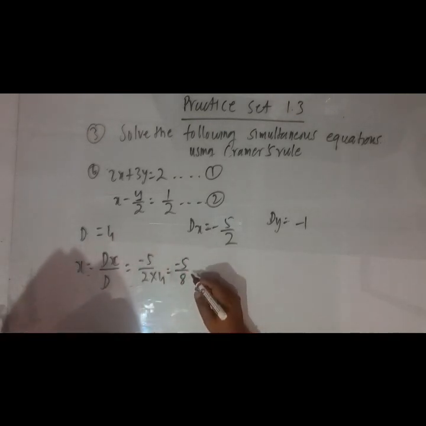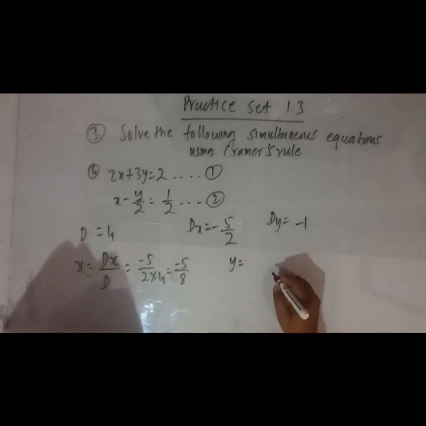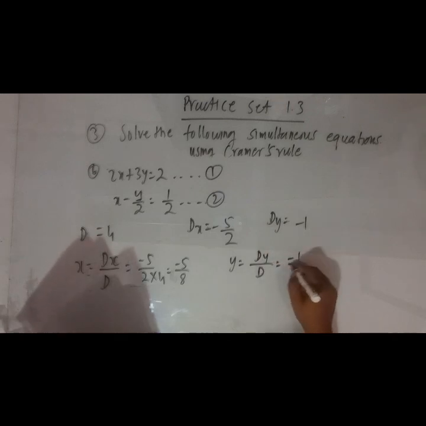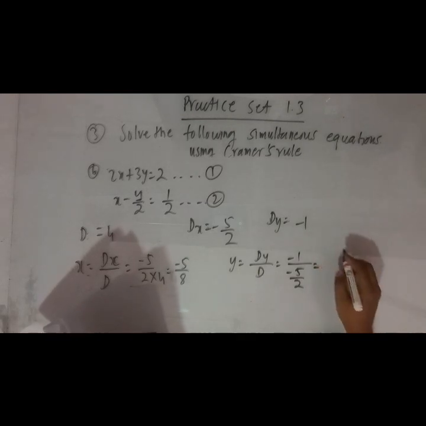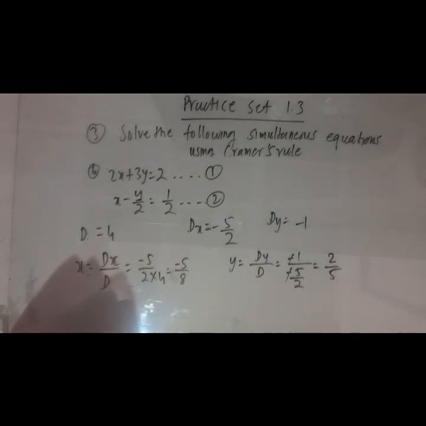So x is minus 5 upon 8, and what about y? It is dy upon d. So minus 1 upon minus 5 by 2. The 2 will go, and the minus signs get cancelled, so 2 by 5. So y is equal to 2 by 5.